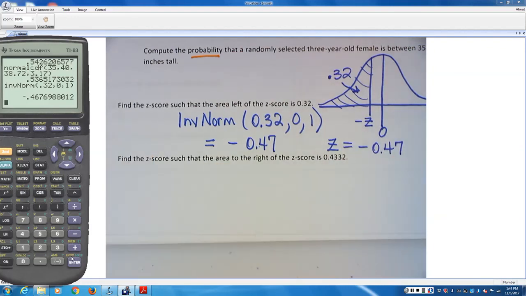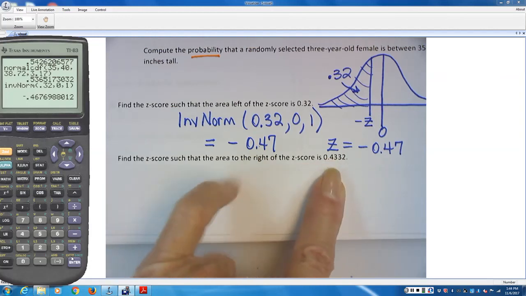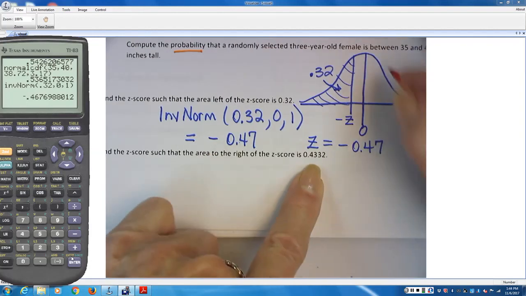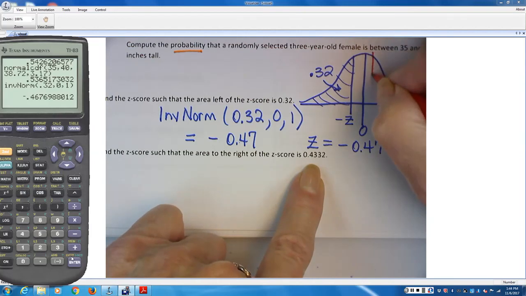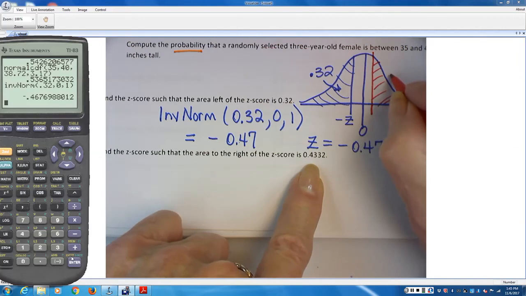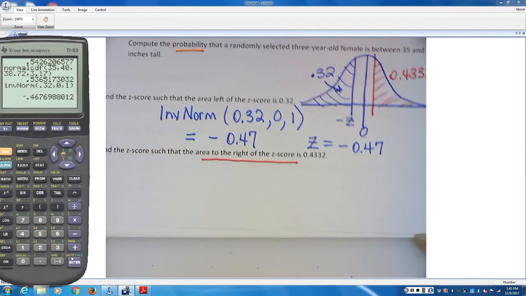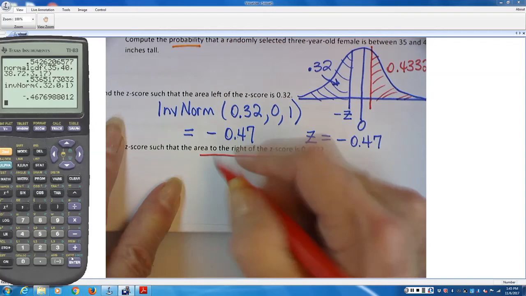You can always round your z-scores to 2 decimals. And then the next one says find the z-score such that the area to the right of the z-score is 0.4332. That's not quite 50%, so it'll be to the right of 0. But since this is the area to the right, then we're going to do inverse norm and need the area to the left.